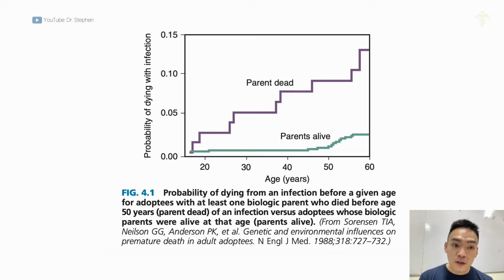Your probability of dying with an infection is an accumulation of genetic and environmental influences. That's why this study of premature death in adult adoptees was made possible. These were studied in the year 1988 for 148 families in that specific area.